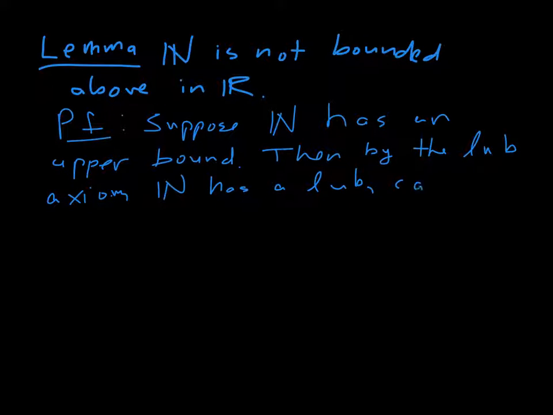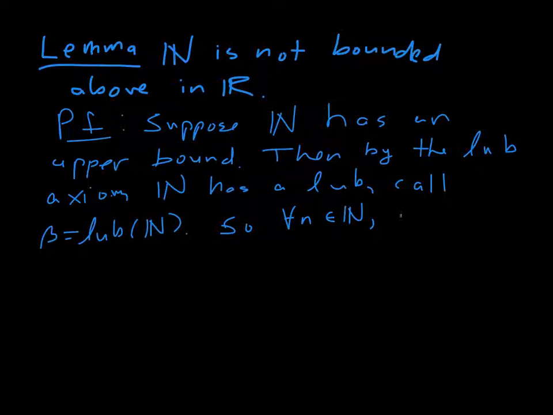So call beta the least upper bound of the natural numbers. But what that means is, for any n, a natural number, n is going to be less than or equal to beta.